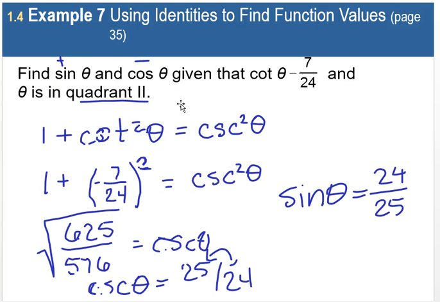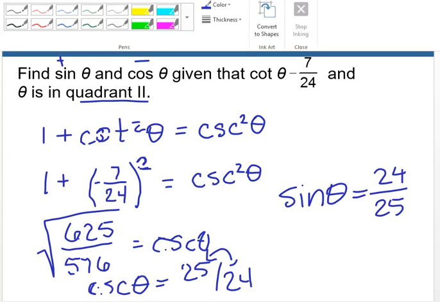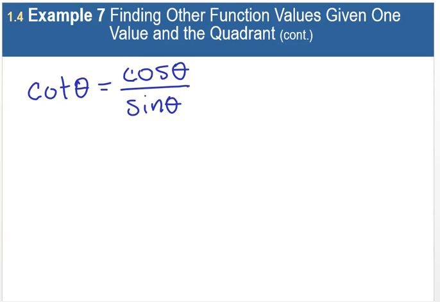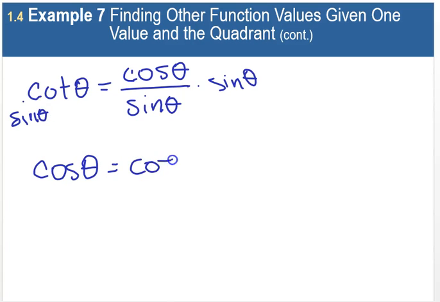It's 24 over 25. So we need to find what cosine is equal to. Cosine, in this case, is going to equal, well, if I multiply sine on both sides of my equation, I get cosine is equal to cotangent theta times sine theta. We have both of those.